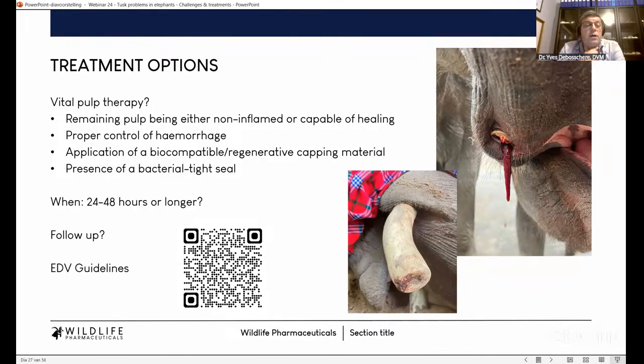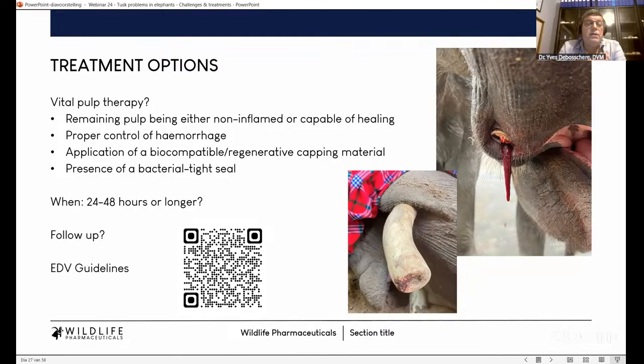Then we have to apply a biocompatible regenerative capping material, which can be MTA, which can be calcium hydroxide, which can be Portland cement. Again, we can have discussions about that, and discussions are going on between veterinary dentists on that.